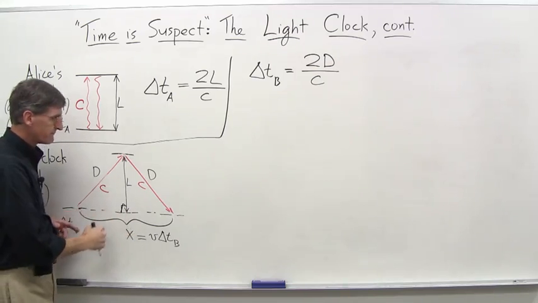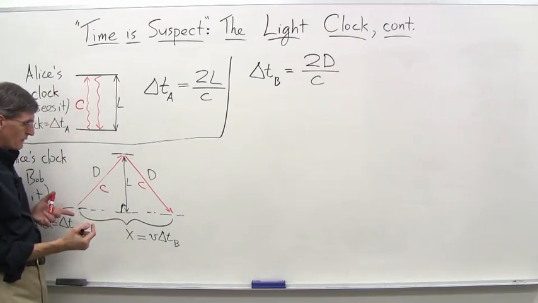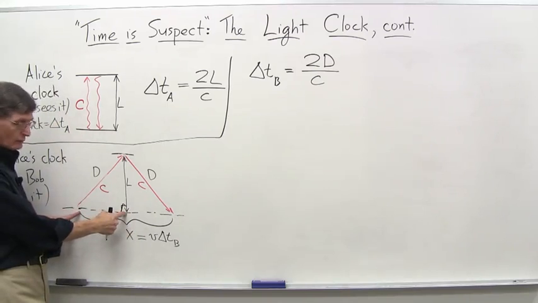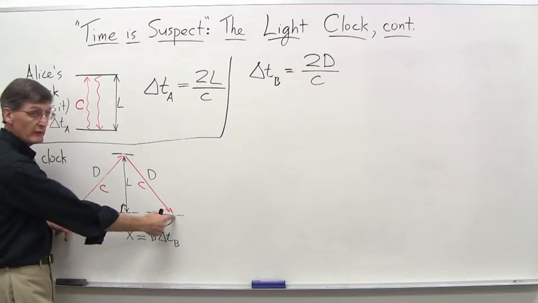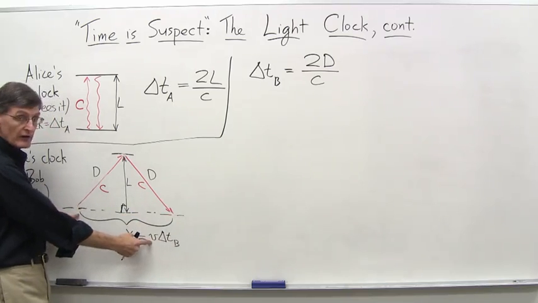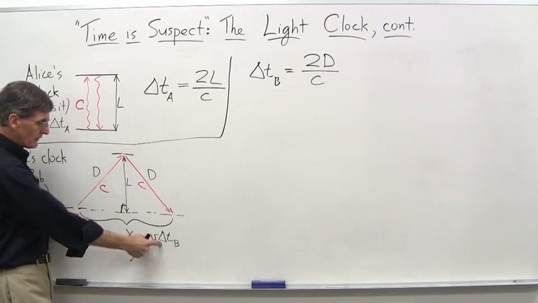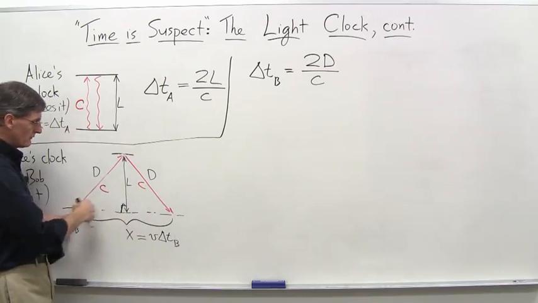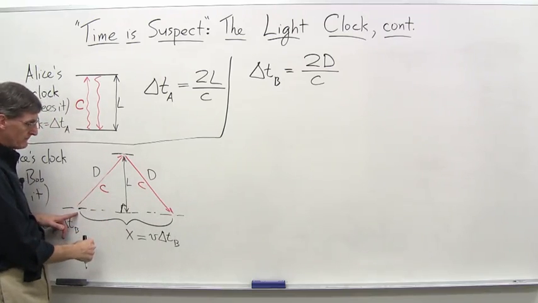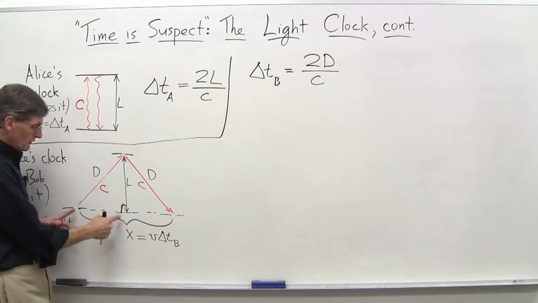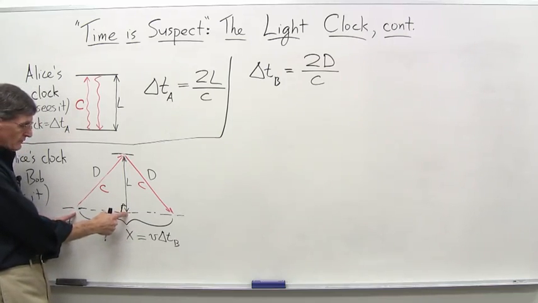Pythagorean theorem. So the question is, what is this side right here? Well, we said this distance was x, which was the velocity of Alice and her clock times the tick time as Bob observes it, the time to go from there to there. So that's good. And this is x over 2. So this divided by 2 is essentially this side.